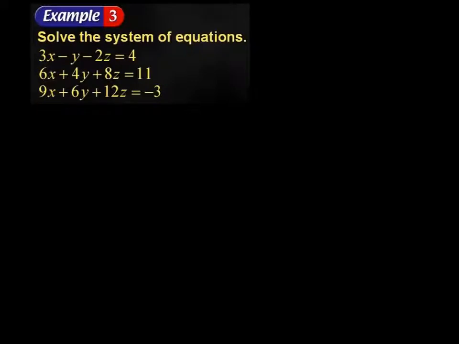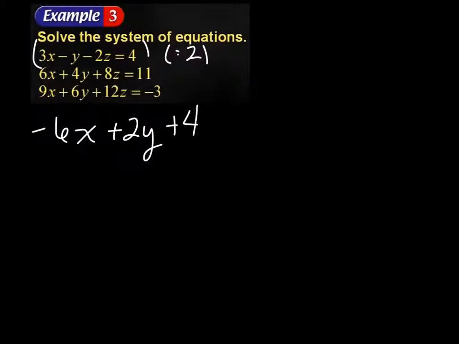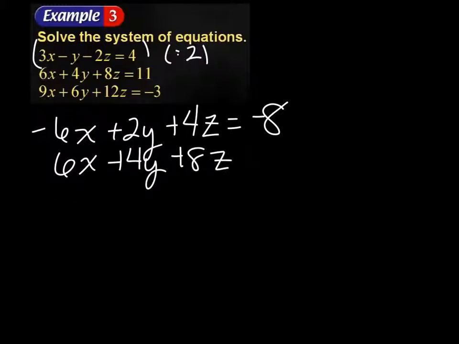This time, let's eliminate x out of the first two equations. So I'm going to take the first equation times negative 2. So we've got negative 6x plus 2y, that was a negative 2, plus 4z equals negative 8, and copy down the second equation. And add straight down, my x's are gone.